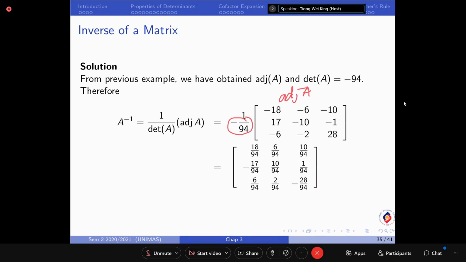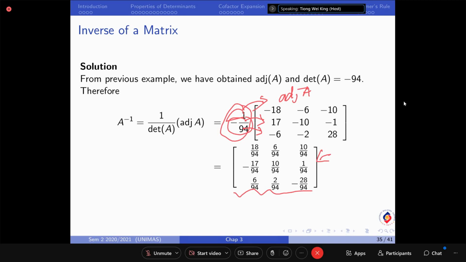Now, the final answer for the inverse matrix: you need to multiply this into the matrix. You need to do the scalar multiplication. So you need to keep your final answer in this form. This is the same thing in your STPM.